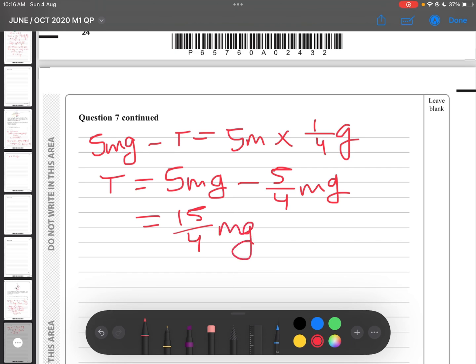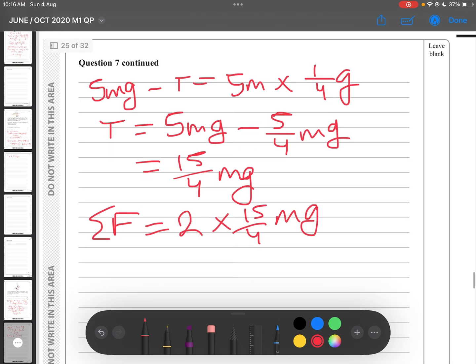Now if I multiply this times 2, the resultant force is, because we said, right, the tensions, both the tensions adding up is going to give me the resultant force acting on the pulley. So it's going to be 2 times 15 over 4 mg, which is equal to 15 over 2 mg. And that is the answer.